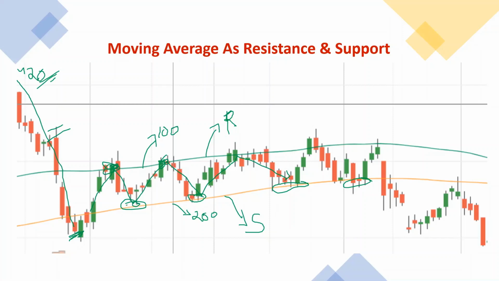He thought that from this level maybe there could be a reversal, because this is a 200 days moving average. 200 days means if an investor had invested one rupee every day for 200 days, that is the average at which the price is basically trading at that time.